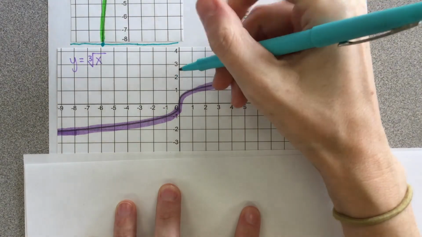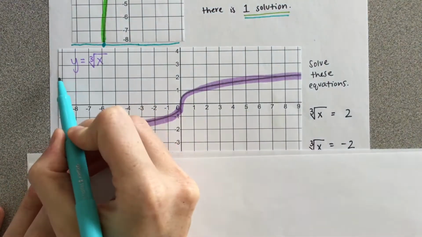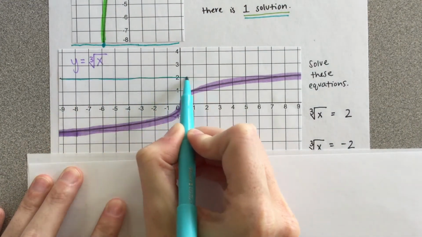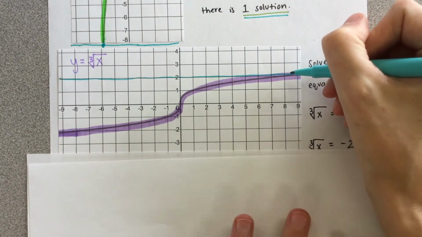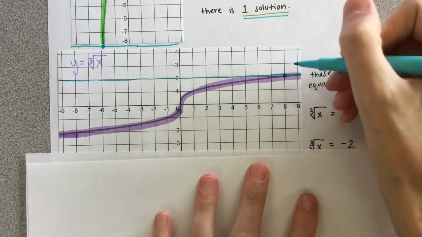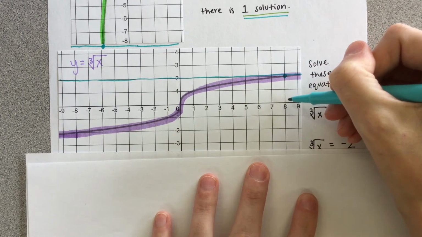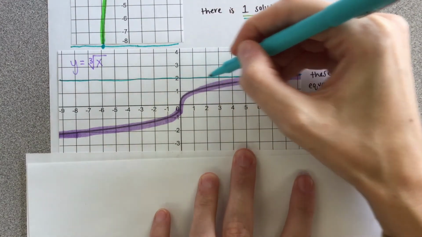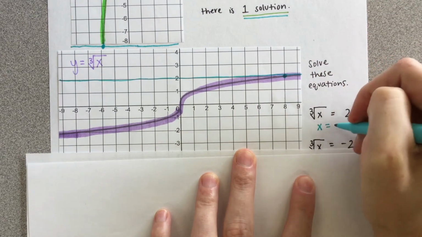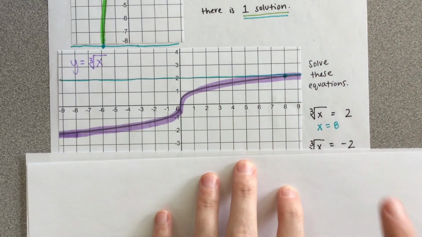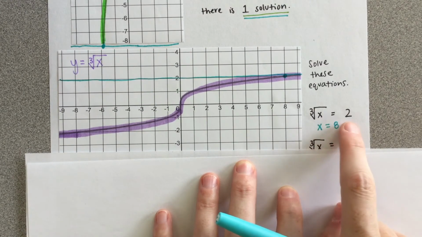So a y value of 2 is here. So I'm going to draw a line all the way across, and it touches my graph right here at 8. So when y is 2, x is equal to 8. And so that is the one solution to this equation. The cube root of 8 is equal to 2.